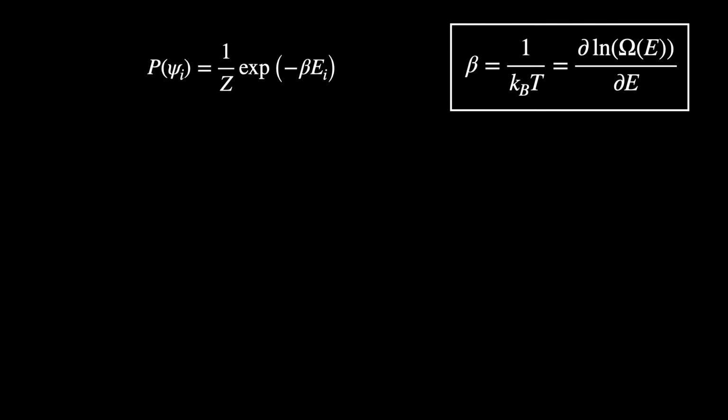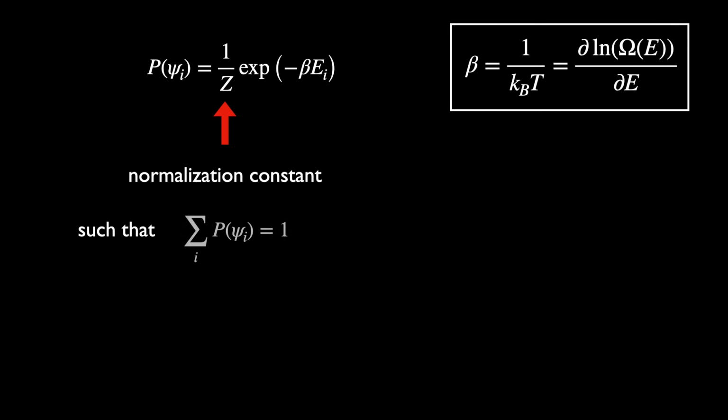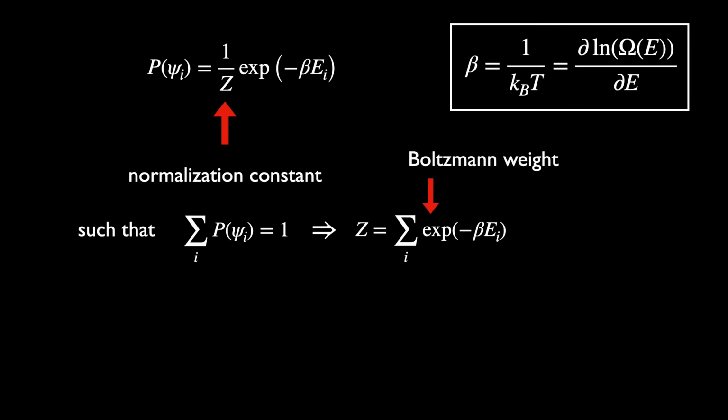We now introduce the normalizing factor 1 over Z such that the sum of probabilities over all microstates equals 1. This implies that Z equals the sum of e to the power of minus beta EI, known as the Boltzmann weight of state I, over all microstates of the system. The important point is that a microstate with higher weight occurs with higher probability.